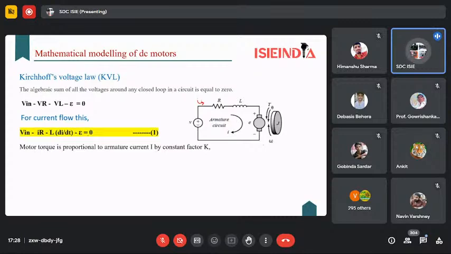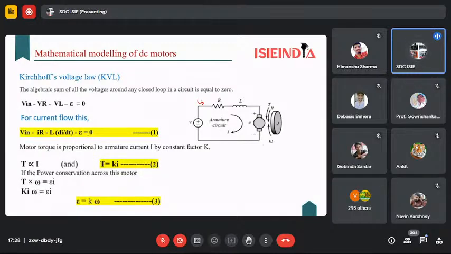But we also know that the motor torque is proportional to the armature current. Motor torque is proportional to armature current means T is directly proportional to I, which I can also write as T is equal to K i, where K is a constant, the motor constant.